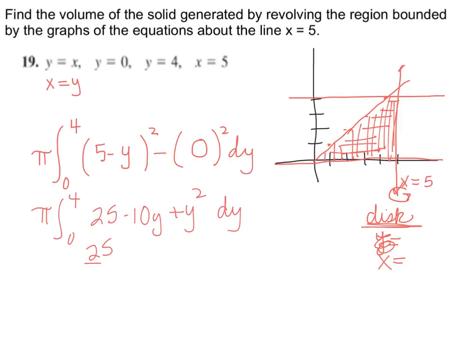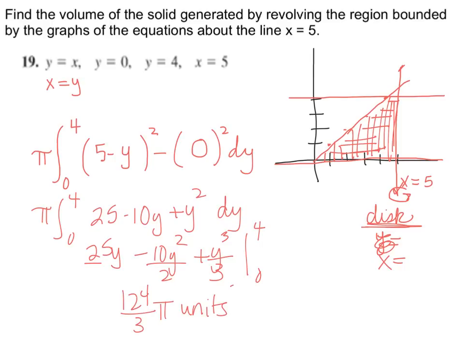So 25y minus 10y squared over 2 plus y to the third over 3. And then when you put that in from 0 to 4, you end up with about 124 over 3 pi units cubed.